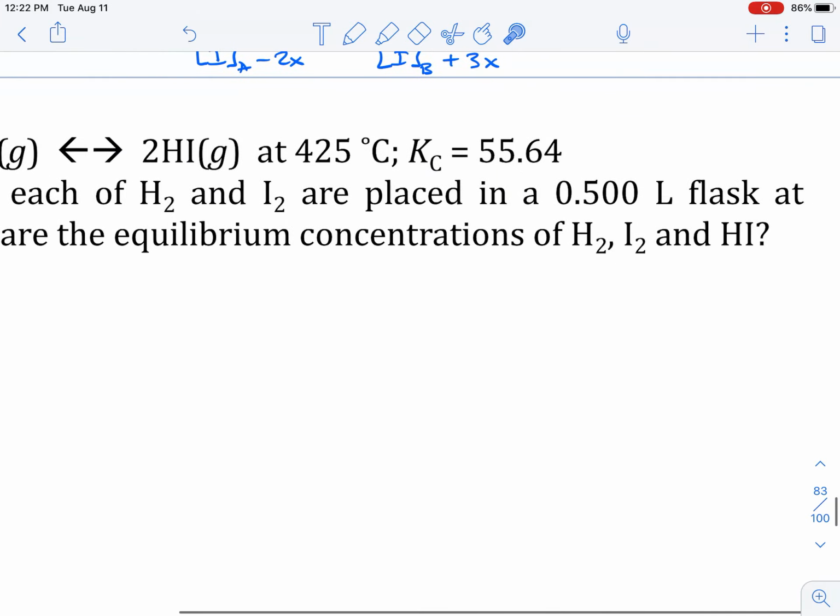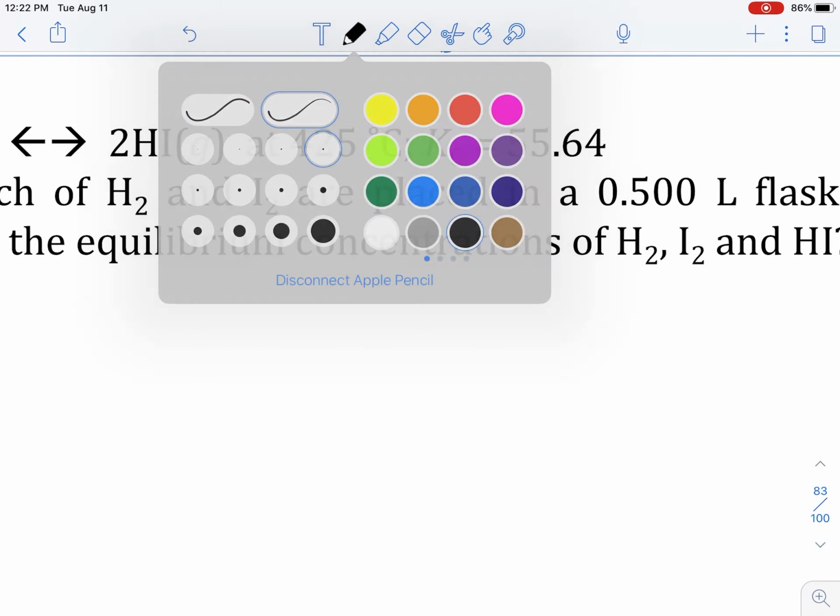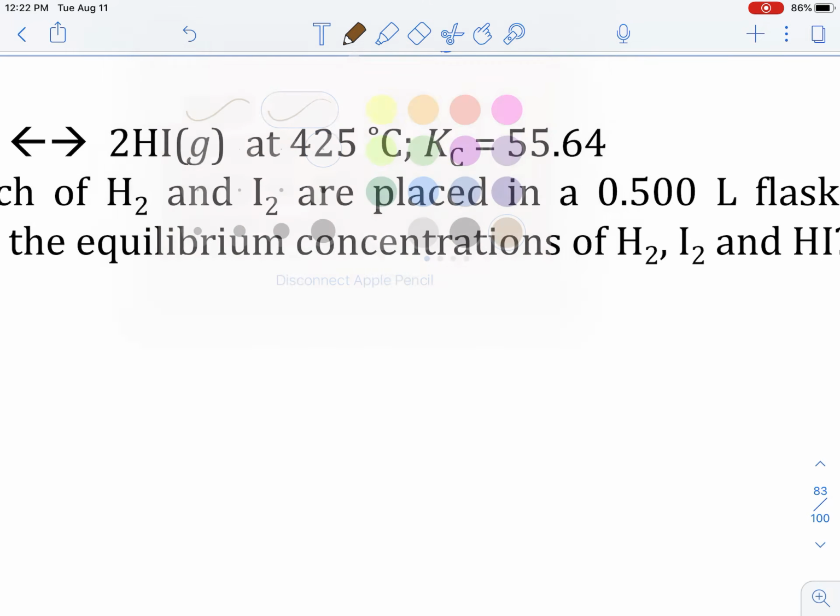And so real quick, as a way of review, before we continue on with the problem, remember that the value of Kc informs us of how the relative concentration of the products and reactants will be at equilibrium.